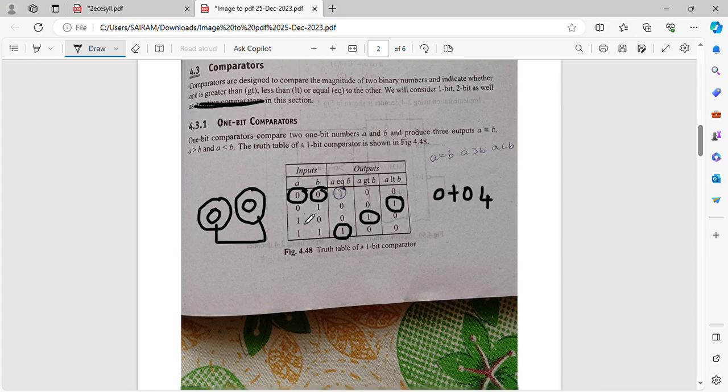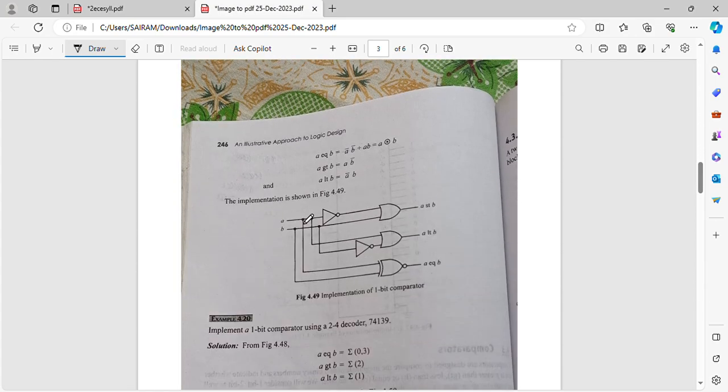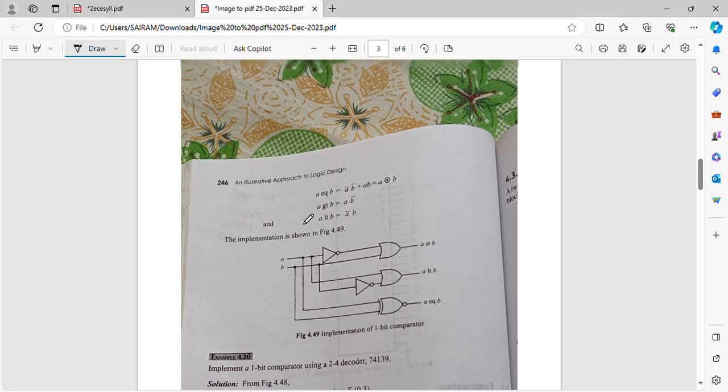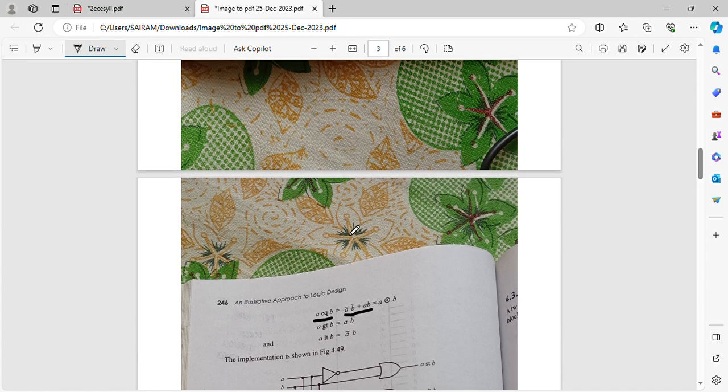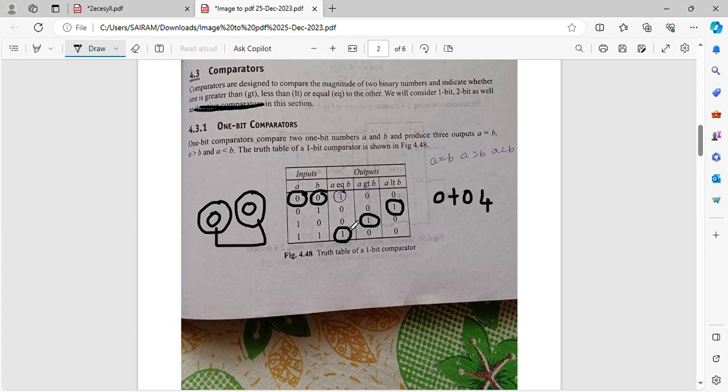And yeah. So now if you try to write the equation or diagram, here you can see that for A equal to B it is A bar B bar plus AB. That is A, what I can say, XOR B. Right? For A equal to B it is nothing but what?